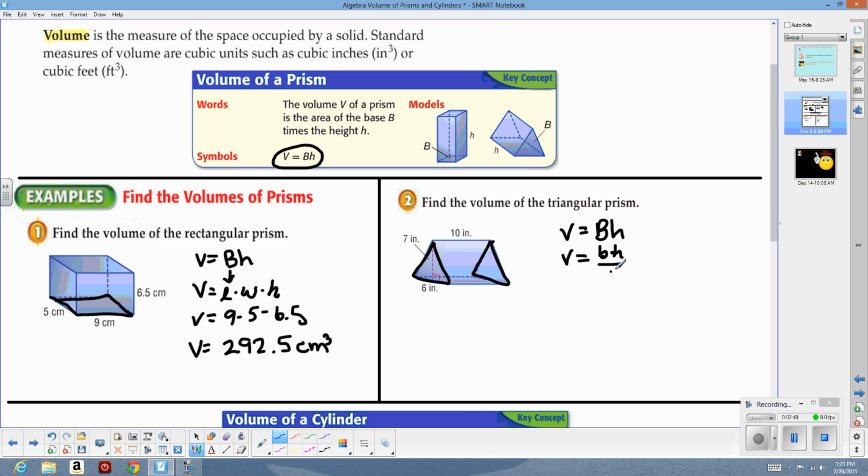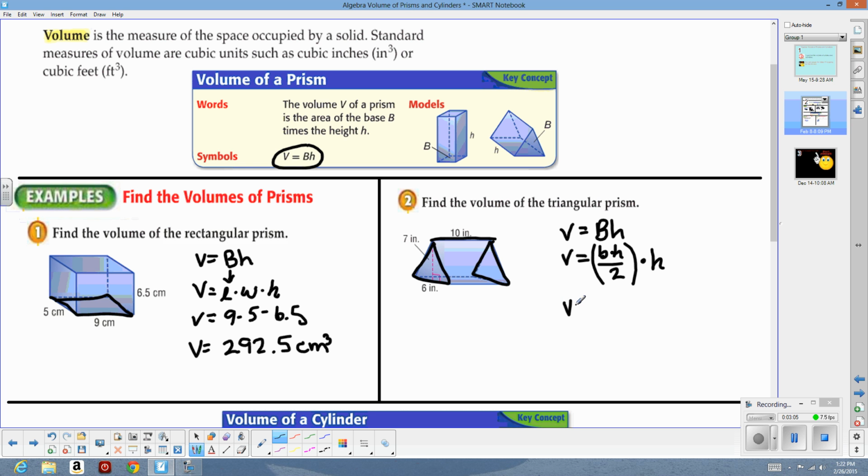Keep in mind that that B and H has to do with the triangle. And then we're going to multiply that by H, and this H is the height of the prism, which is the distance between the two bases, or in this case 10.